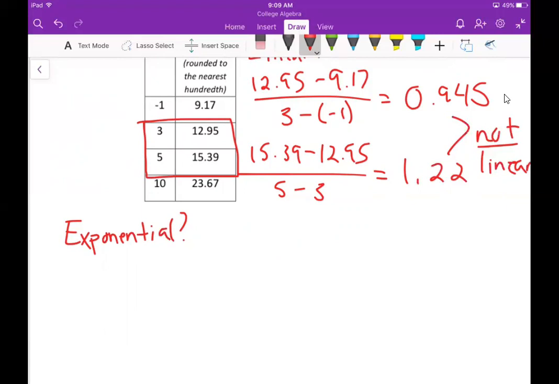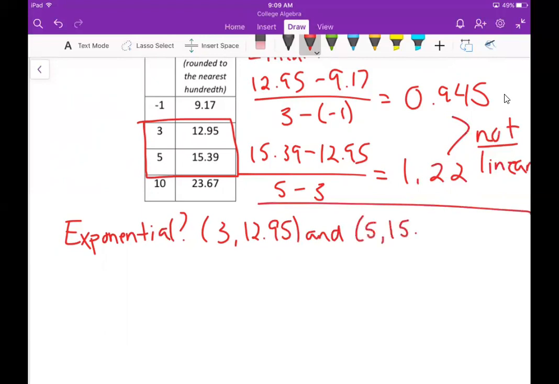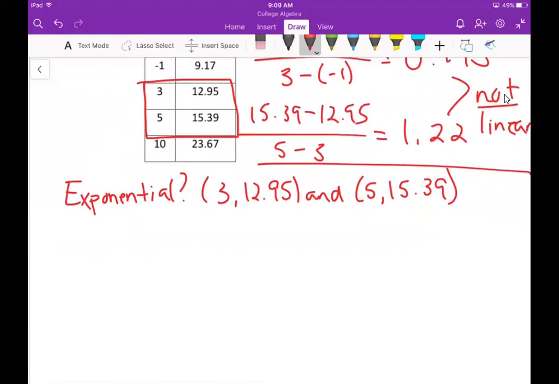Okay, so let's do that first. So we're going to find the function between 3, 12.95 and 5, 15.39. Okay, so you know how to do that now. Pause, see if you can find that same function. Don't round along the way for a, okay, if you can help it.